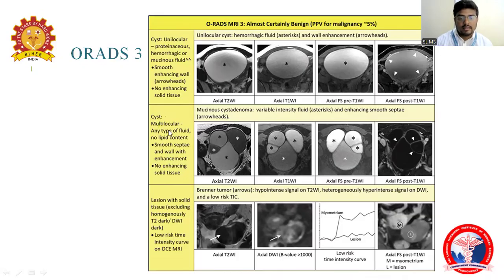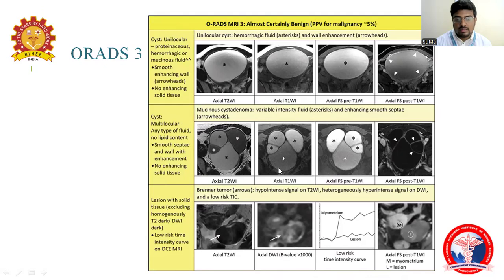The second is the multilocular cyst with any type of fluid other than the lipid component, which can show smooth septae and wall with enhancement, and there should be no enhancing solid tissue. Here is a case of a mucinous cyst, a multilocular cystic lesion, with few of the locules appearing hyperintense and few appearing hypointense on the T2 weighted image.